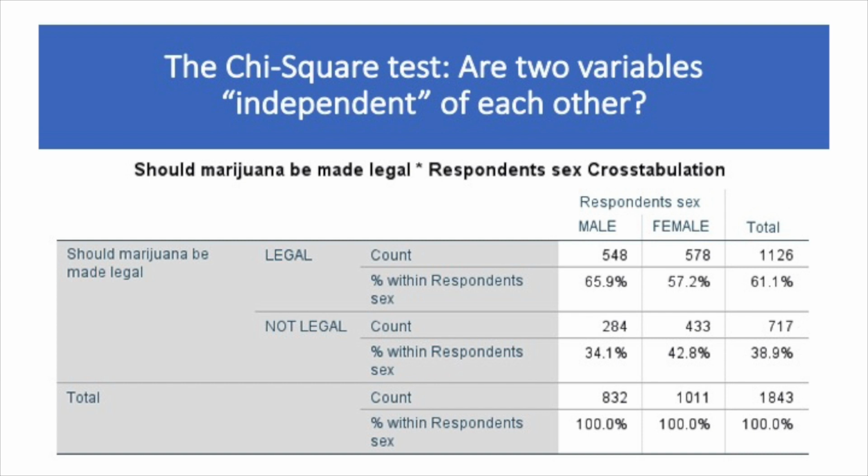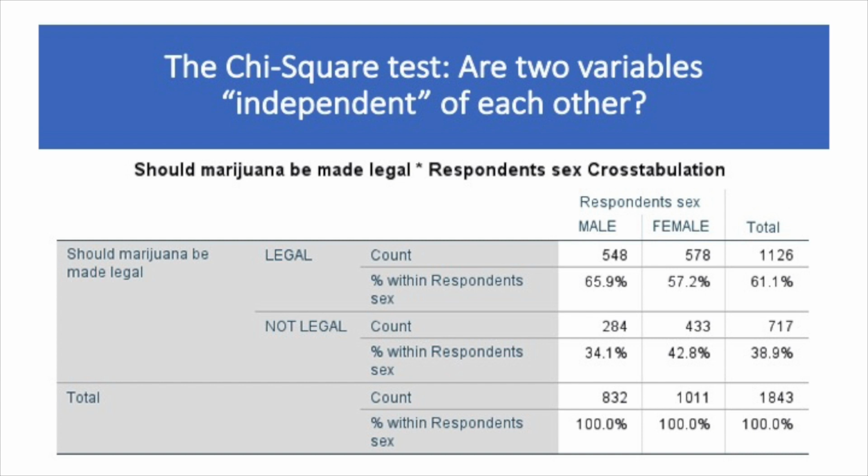But we want to know if this is something that we can generalize to our population. And we're going to run our chi-square test to do that. So I wanted to quickly practice our null versus alternative hypothesis. Our null hypothesis here is that there is no sex difference in attitudes toward marijuana legalization in the population.